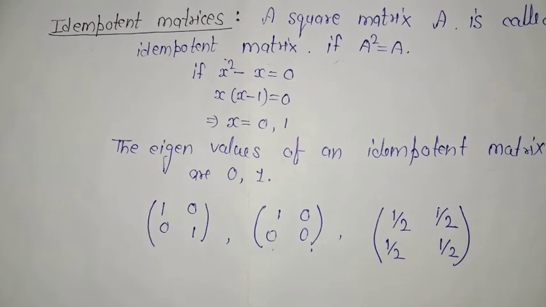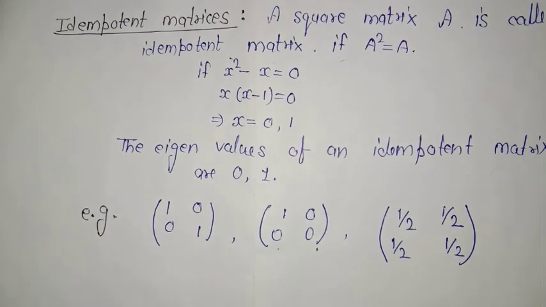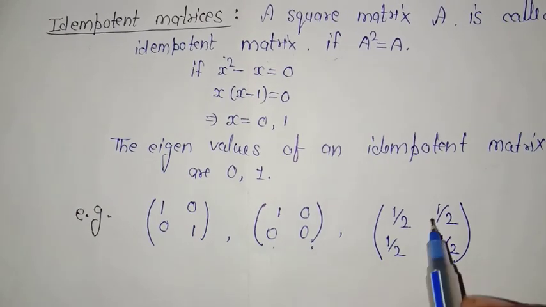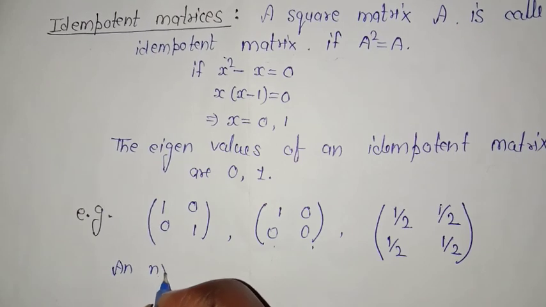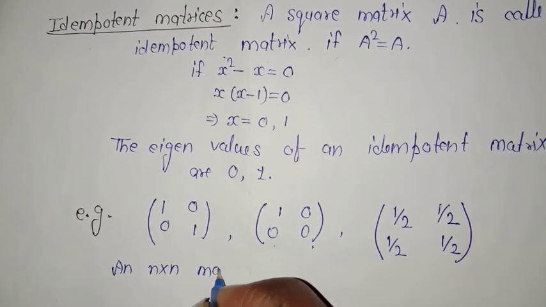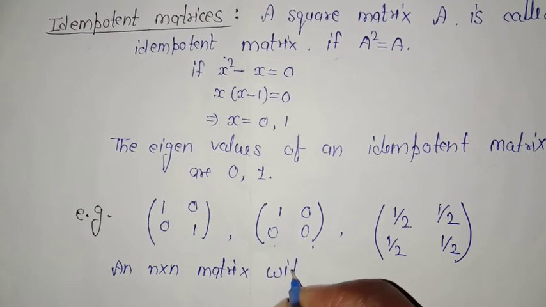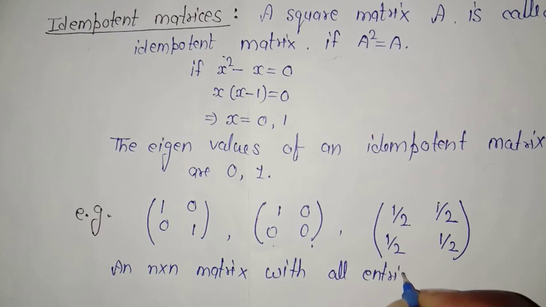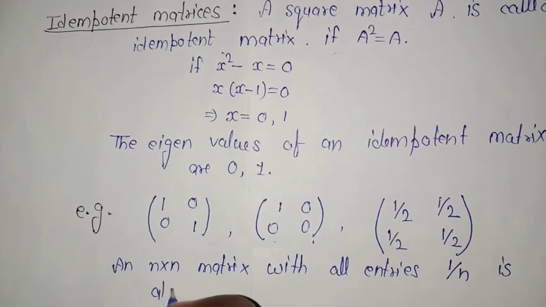Moreover, I want to tell you an important property of idempotent matrices, how you can recognize that the given matrix is idempotent if it is given in this form. So an n cross n matrix with all entries 1 by n is also an idempotent matrix.